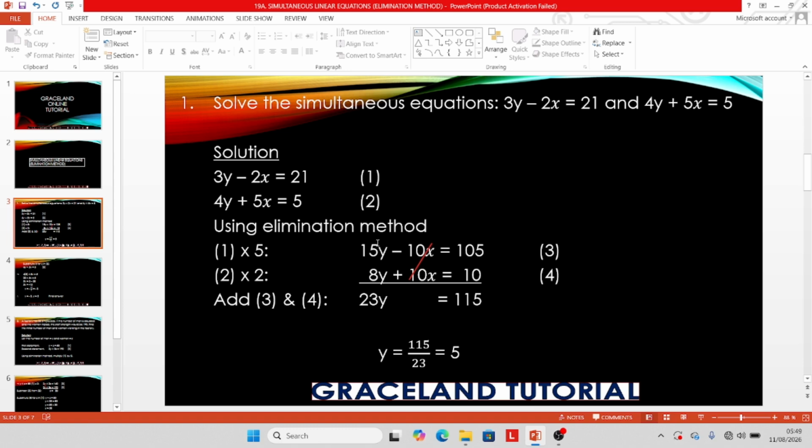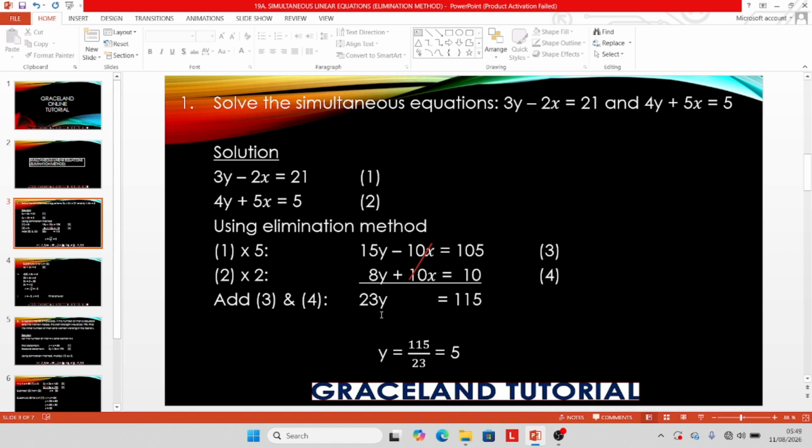So 15y plus 8y gives us 23y. Minus 10x plus 10x is equal to 0, and that will be equal to 105 plus 10, which is 115. So 23y is equal to 115.